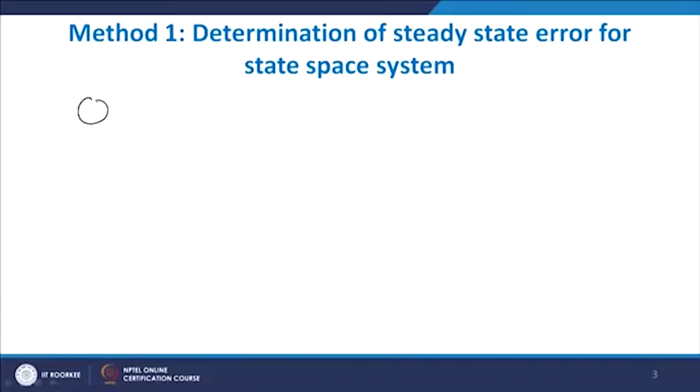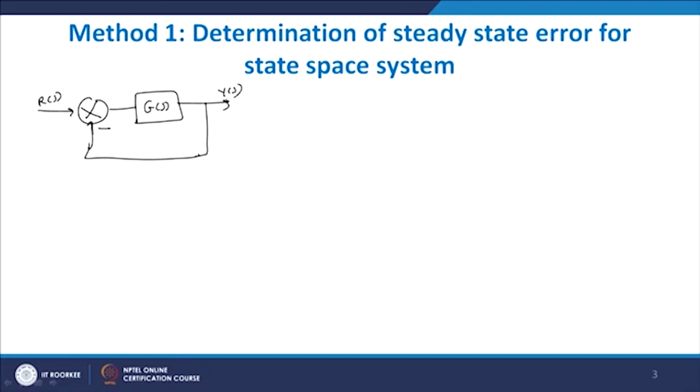In classical approach, we have seen the calculation of steady state error for type 0, type 1, type 2. So, why is there a need to calculate the steady state error? Suppose you take a classical control plant G(s), and now here is a feedback, R(s) into Y(s).